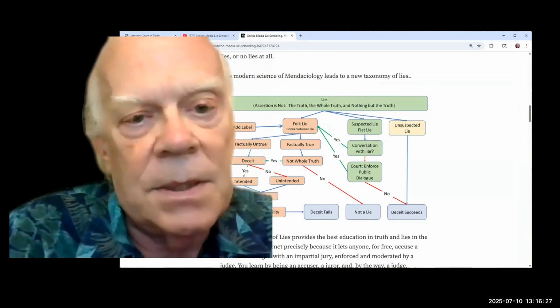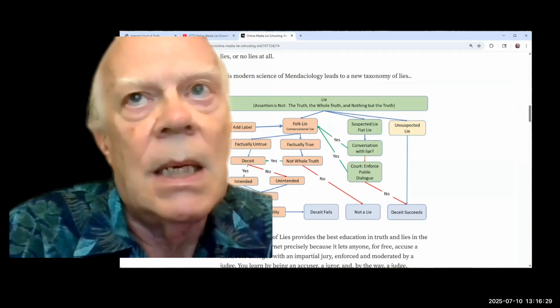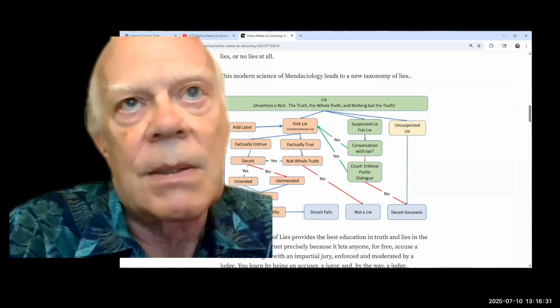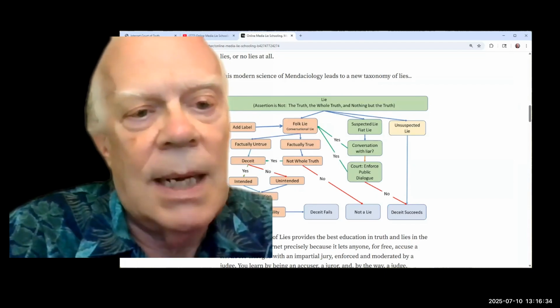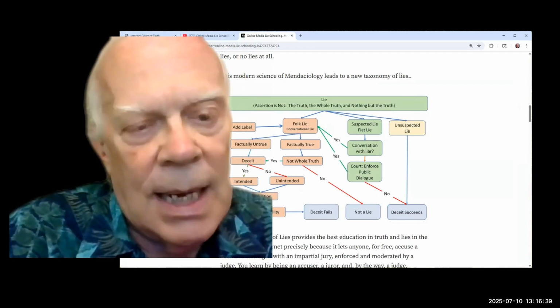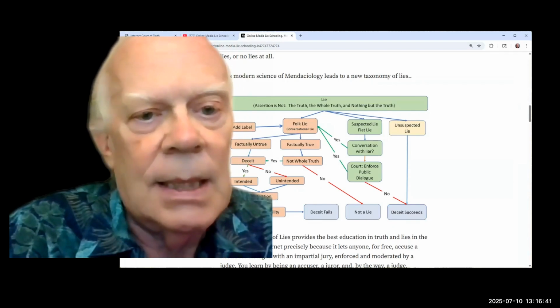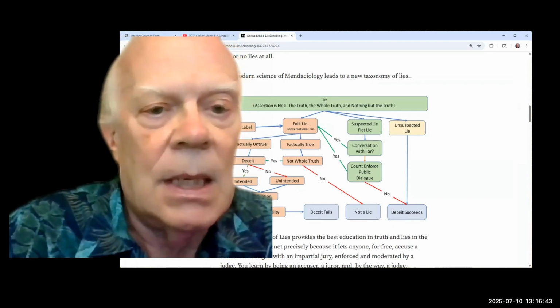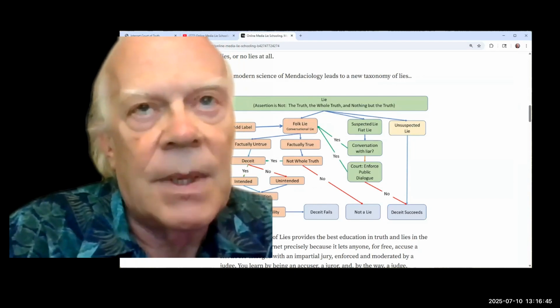This is the classification system, and it differentiates what I call folk lies, which are lies that are spoken of. When a lie is brought to truth court, it becomes a folk lie, and people can dissect it.